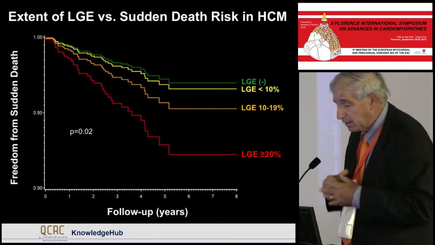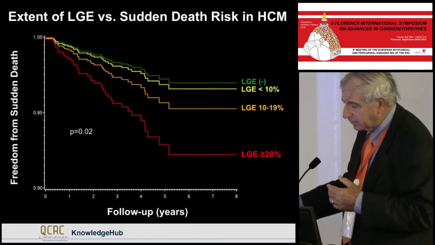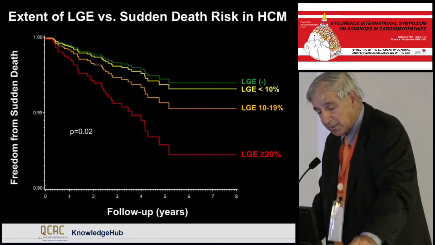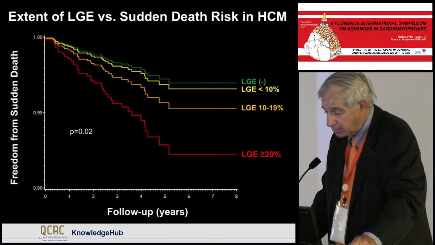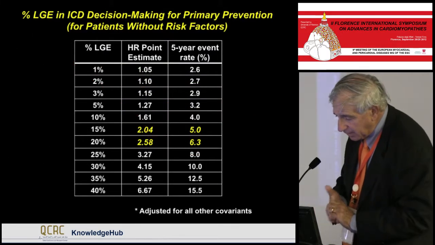It's interesting that in this disease, a lot of LGE can either go to the sudden death pathway or alternatively to systolic dysfunction. So if it's fibrosis, it's acting in two ways in the patient population.